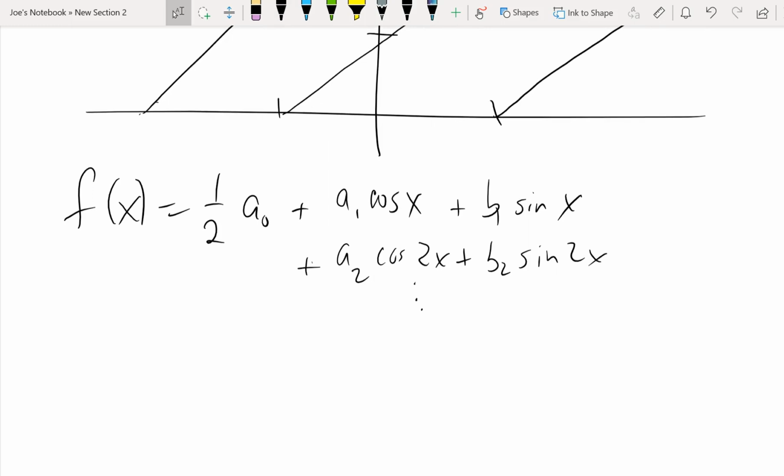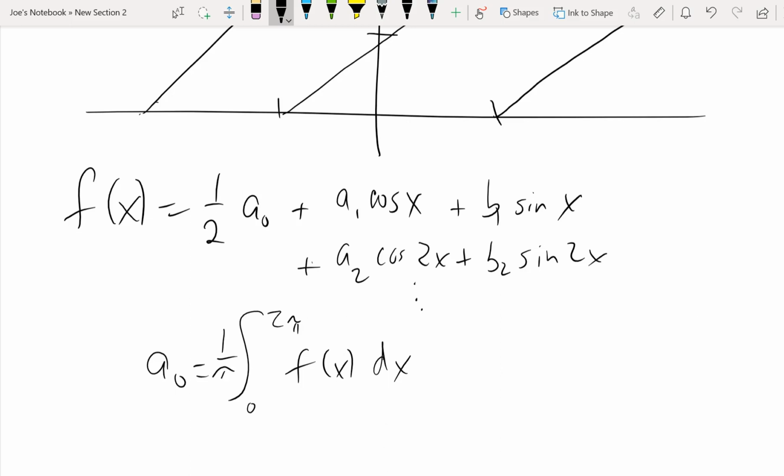Well, your A naught is just your integral of your function. So remember last time we did integral from 0 to 2 pi of f of x dx. And there's a 1 over pi out in front of it. And that's because it matches the other. That's why we've got the 1/2 out in front.